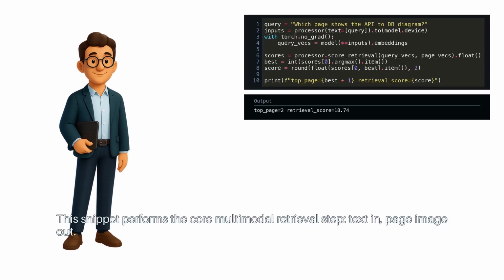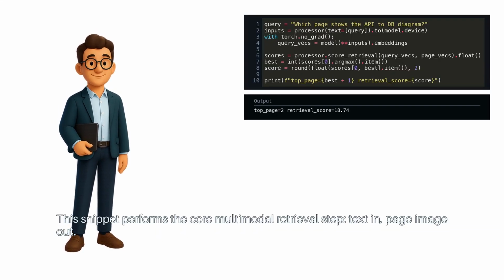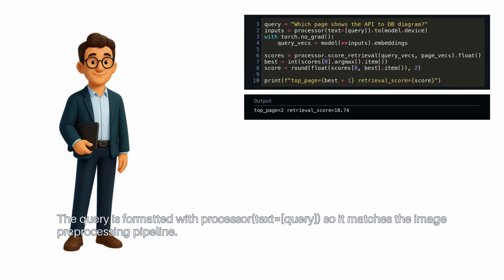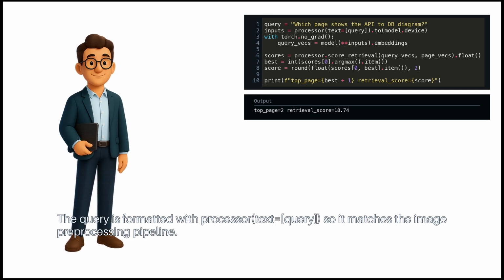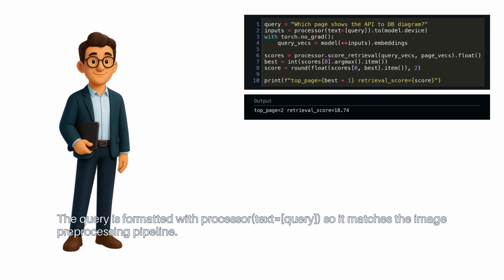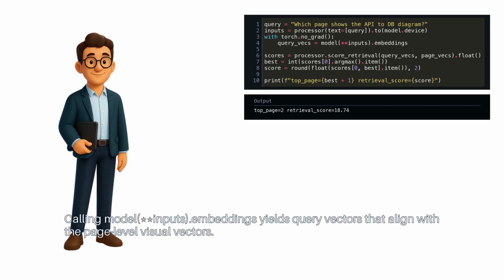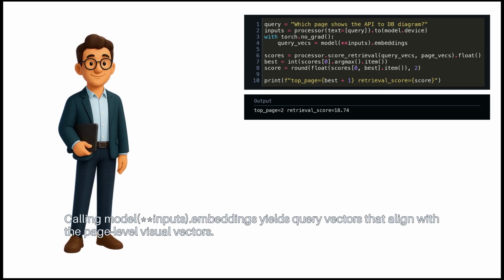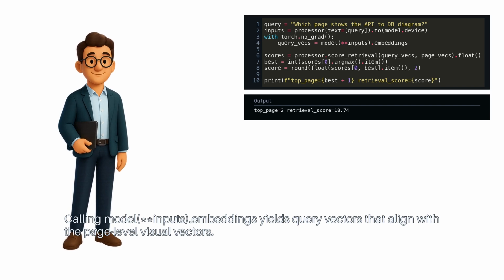This snippet performs the core multimodal retrieval step. Text in, page image out. The query is formatted with processor.process_queries, so it matches the image pre-processing pipeline. Calling model with the inputs yields query vectors that align with the page-level visual vectors.